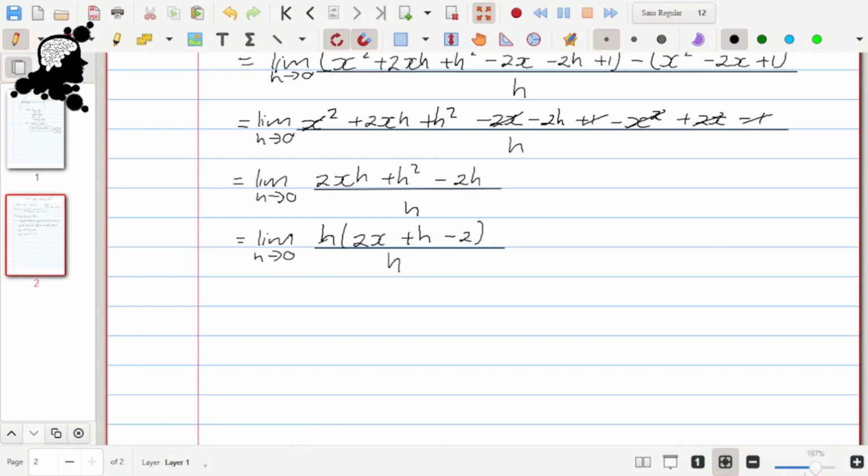When you get to this point, h and h will cancel out. You will remain with the limit as h approaches 0 of 2x plus h minus 2. Now that our denominator of h is gone, we could substitute h equals 0. This will give us 2x plus 0 minus 2, which is just going to give us 2x minus 2.